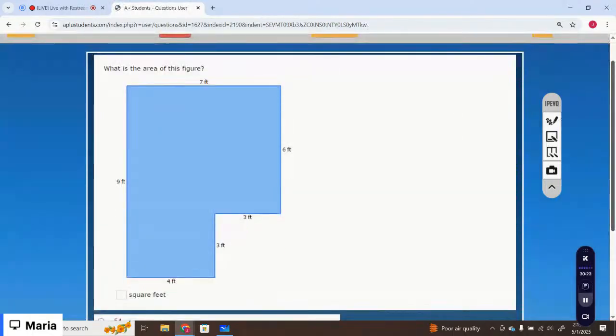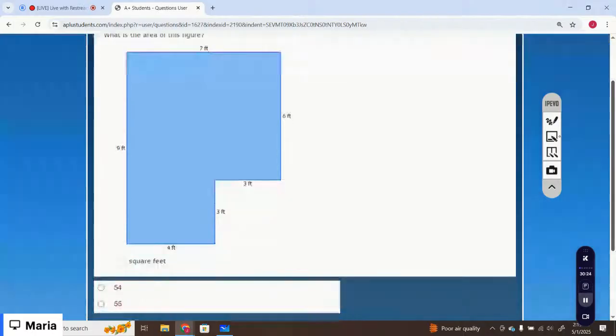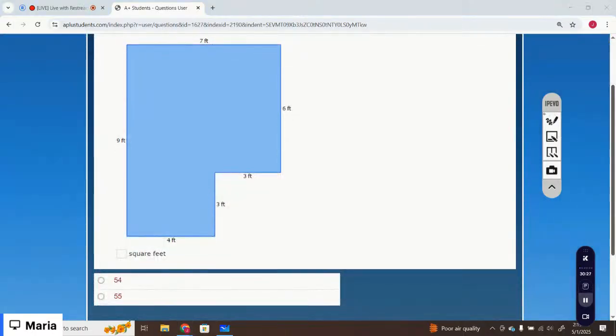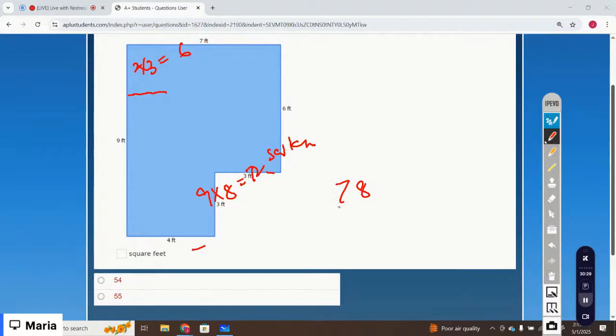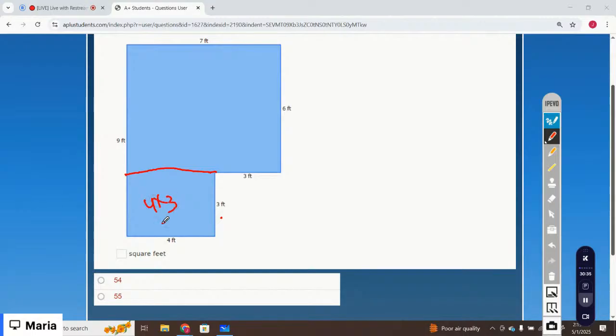What is the area of the figure? That is 4 times 3, 12 square feet, and then 6 times 7, that is 42.